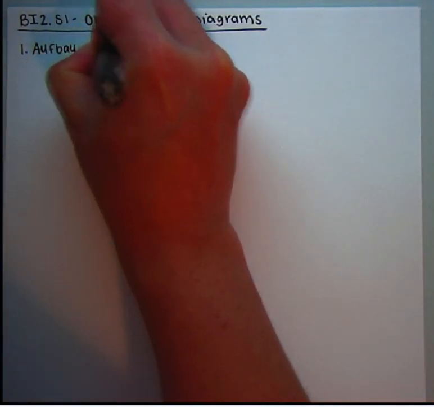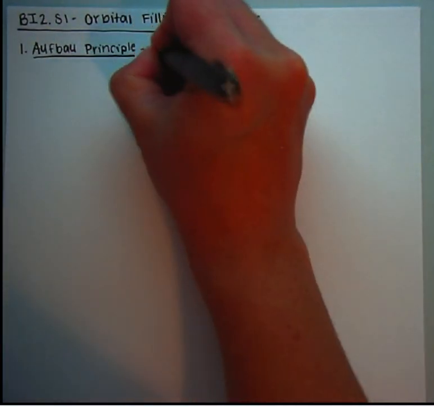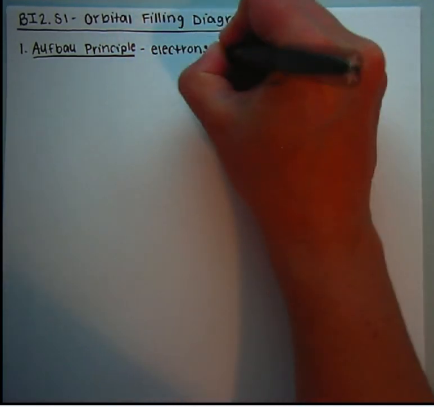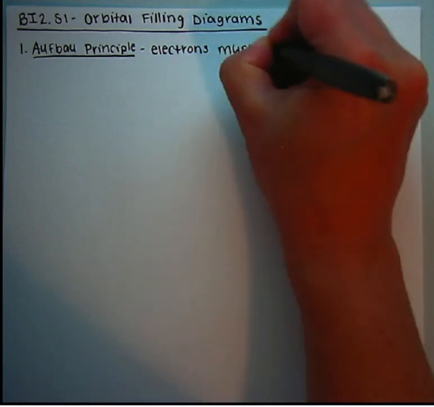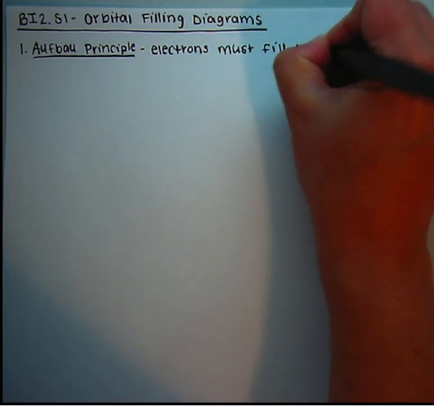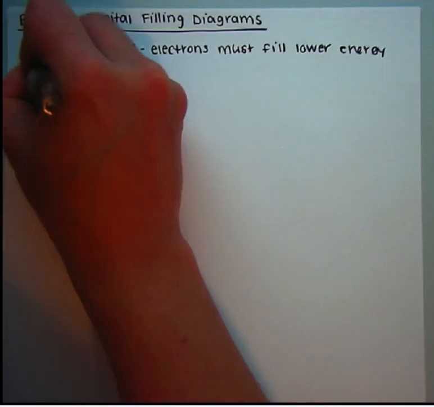So up first is the Aufbau principle. The Aufbau principle states that electrons must fill lower energy orbitals first.